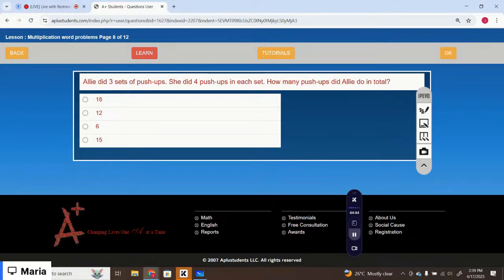Annie did 3 sets of push ups. She did 4 push ups in each set. How many push ups did Annie do in total? So, which is the correct option?